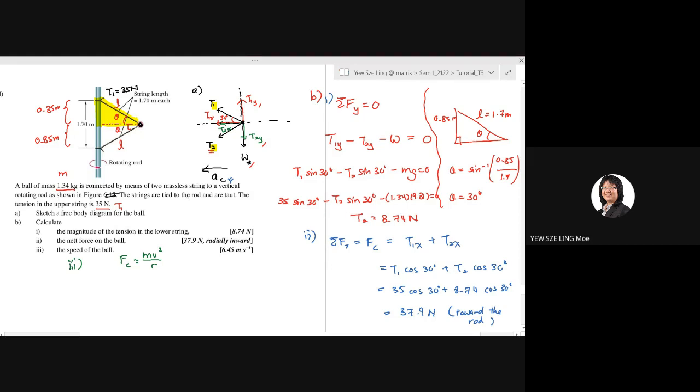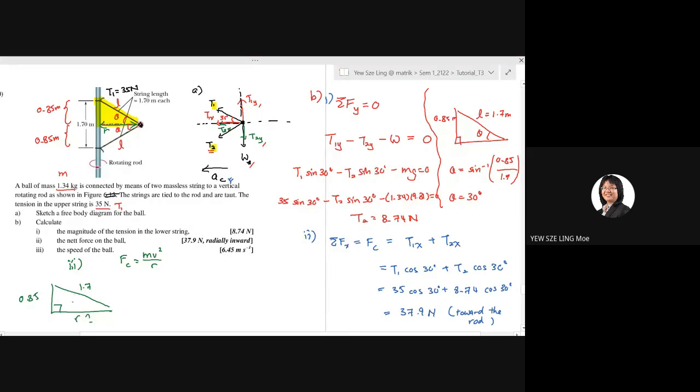The radius is the bottom of the triangle, but we can find r. Because we know the right angle triangle, where the hypotenuse is 1.7 and one of the lengths is 0.85. So r is unknown. How to calculate r?